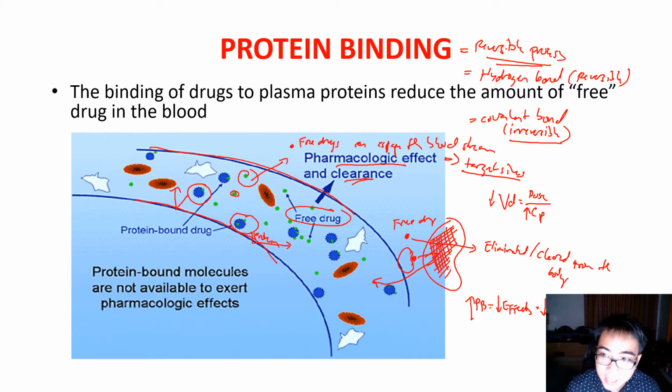And we know, class, that volume distribution is directly proportional to the extent of distribution. Meaning, the higher the VD, the more extensive a drug's distribution is. Okay?